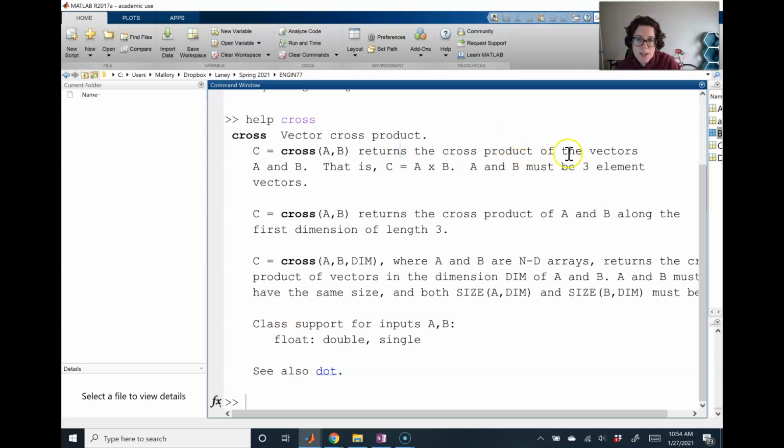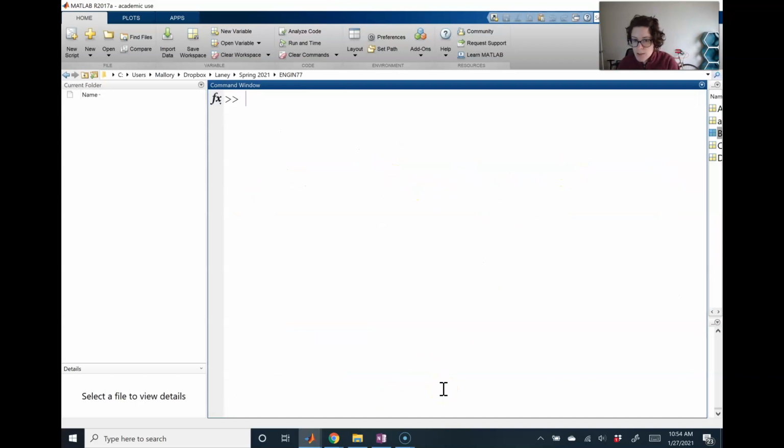Returns the cross product of the vectors A and B. It says A and B must be 3-element vectors. So we can do the cross product of C and D, equal to cross C comma D. We end up with -3, 6, -3. Okay, so that's our cross product.